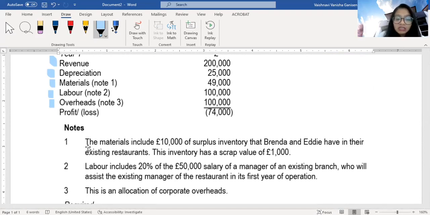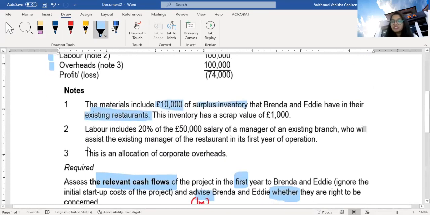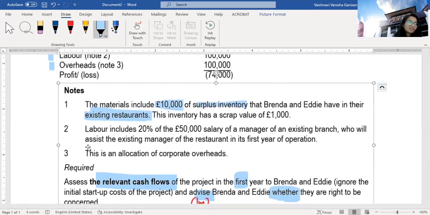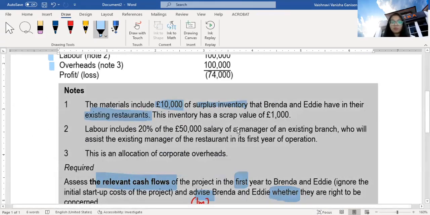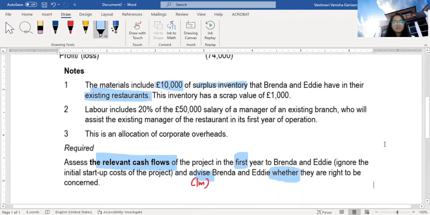Now, the materials include 10,000 pounds of surplus inventory that Brenda and Eddie have in their existing restaurants. That means you are starting a new restaurant, but you already have other restaurants that are currently operating. So you are trying to identify which of this material cost is relevant and not.